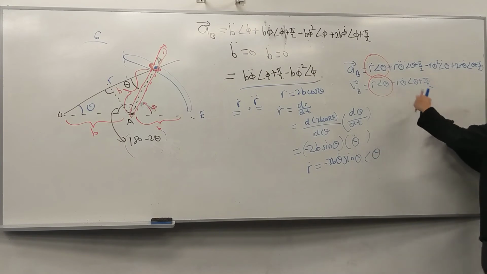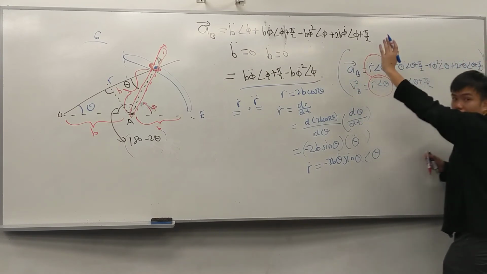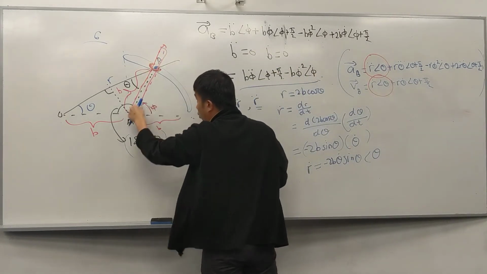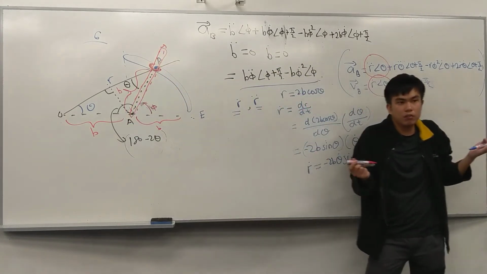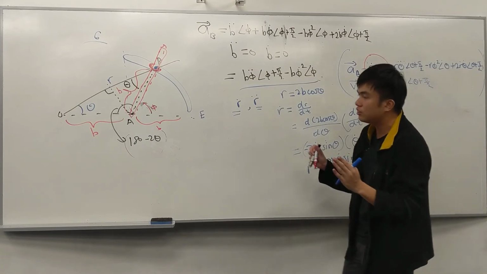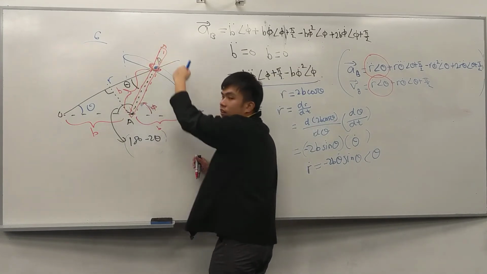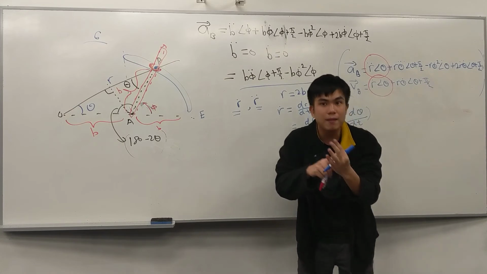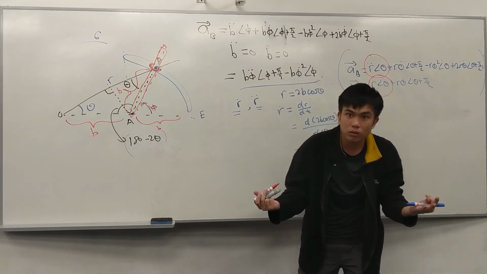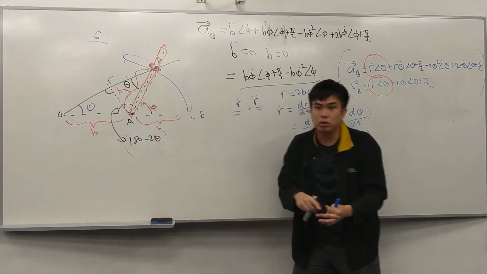That's why we establish another new polar coordinate equation instead of the old one, because the old one utilizes this pole and this ring, which is not the relative equation that we're trying to find. So it depends on what the question asks. If the question asks for the relative velocity and acceleration of the ring with respect to this pole here, the answer is 0 because b dot and b double dot are 0. But in this case, they are trying to find it with respect to this origin, and R double dot is non-zero.